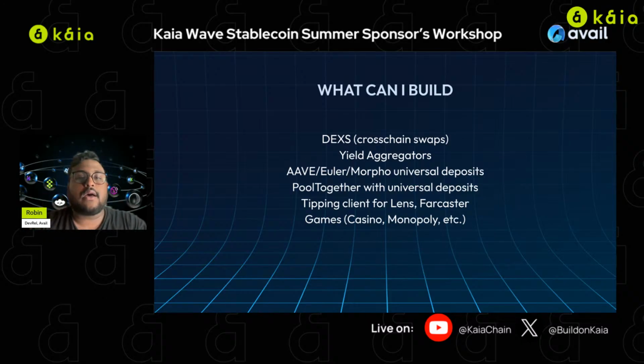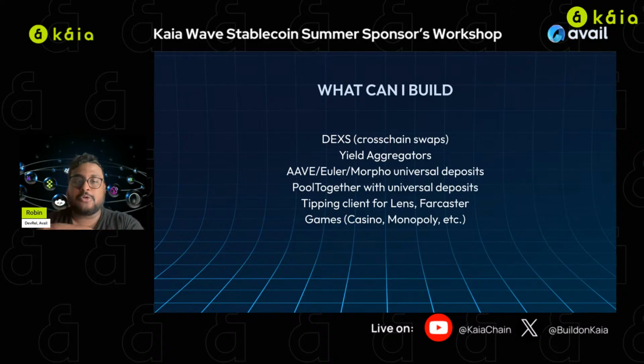You can build some sort of a DEX that does cross-chain swaps, basically sourcing liquidity from multiple chains and giving you an output on another chain, or a yield aggregator, or maybe a clone of Aave or Euler or Morpho that takes universal deposits. So some kind of a lending protocol that does not only take deposits from Kaia, but takes liquidity from anywhere that it can take, right?